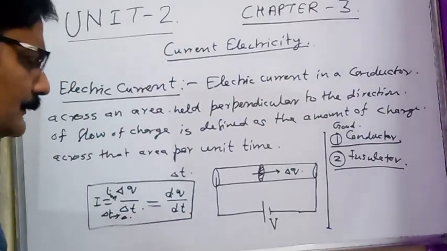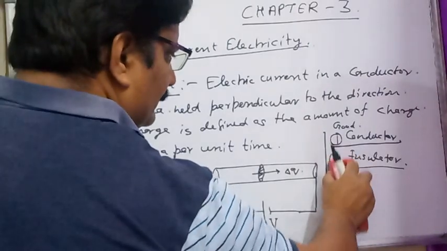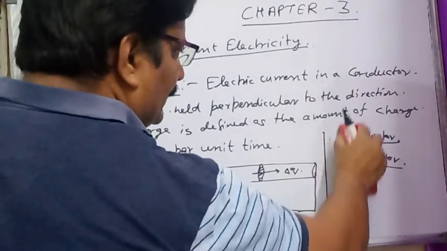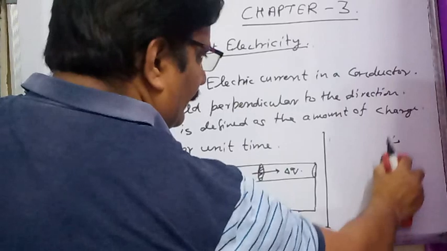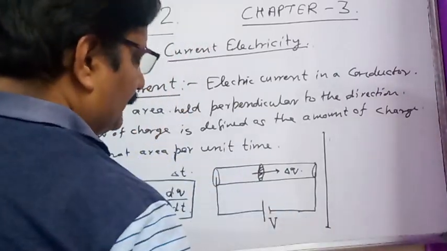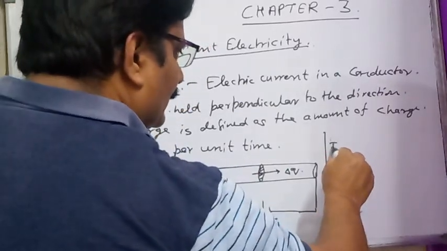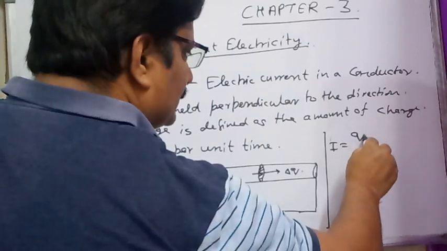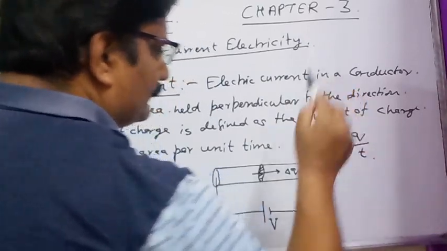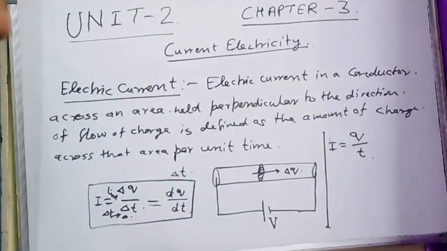But if Q charge is flowing simply through a conductor in time t seconds, then this relation can be written: current flowing through the conductor I is equal to the total charge flow divided by the time interval in which the charge is flowing through the conductor.